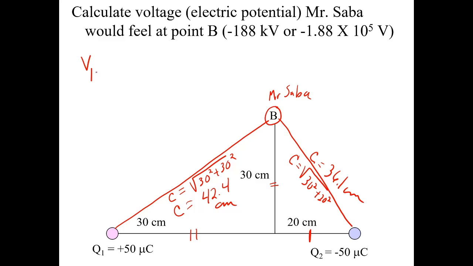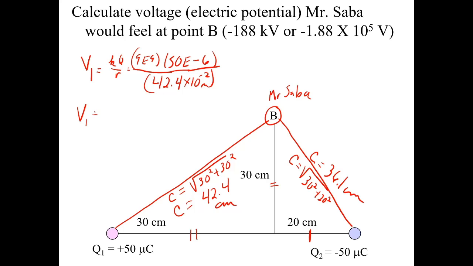So we've got V1 is kQ over r, and the k is 9 times 10 to the 9th, and the Q is 50 microcoulombs. Micro is 10 to the minus 6, and the distance is 42.4 times 10 to the minus 2, because it has to be meters, which is 0.424.